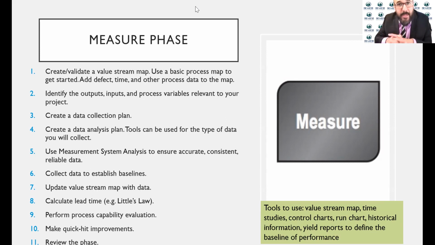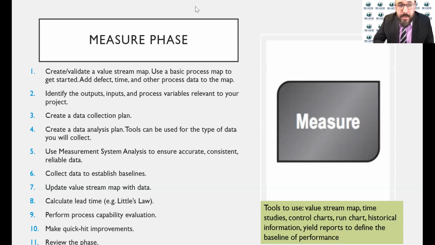If you remember the value stream map, it is a more detailed process map, a process map that has the time for each phase. So you use the process map, the basic one, but you define the time and other process data related to the map. So you start doing the time studies to add the time to the process map.